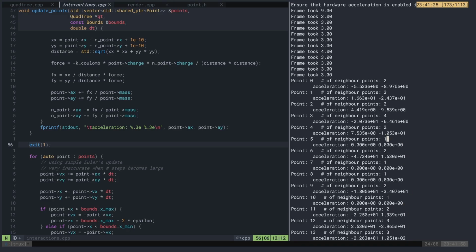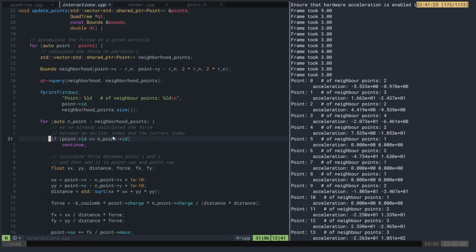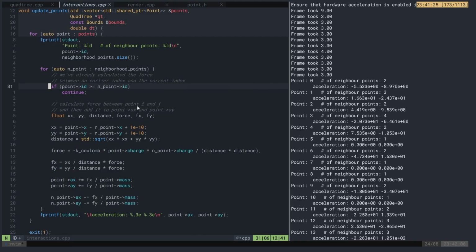If the neighborhood point is just 1, that usually means itself. So that's being ignored here, which means that 0.5 only has 1 point in its neighborhood, which is itself. So that's fine. We don't care about that.